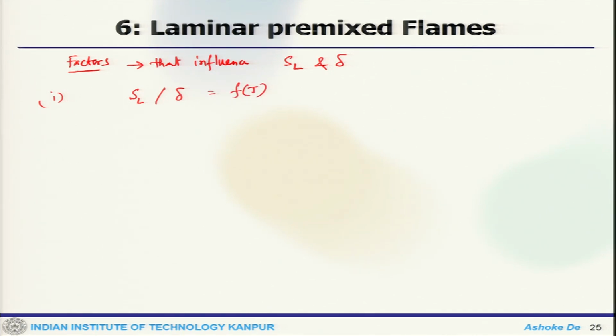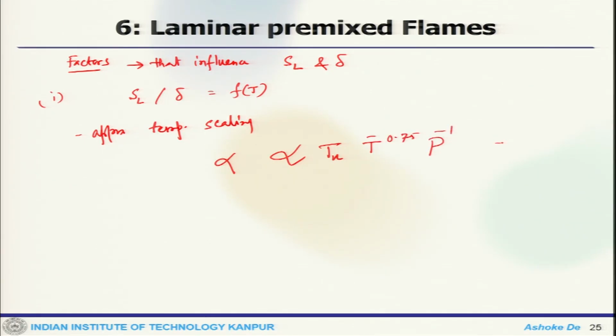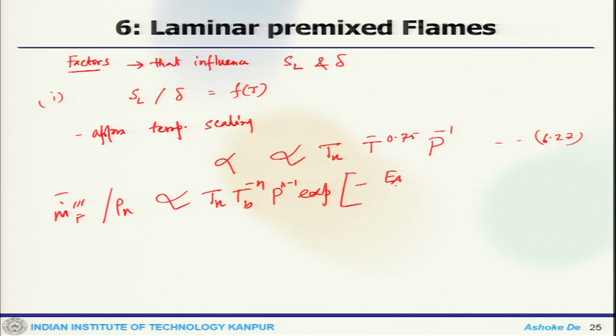Now, we first consider some approximate temperature scaling, which gives that alpha is proportional to T unburned to the power 0.75, pressure to the power minus 1, and the reaction rate would be proportional to T unburned to the power n, p to the power n minus 1, exponential minus E A by R U T bar.